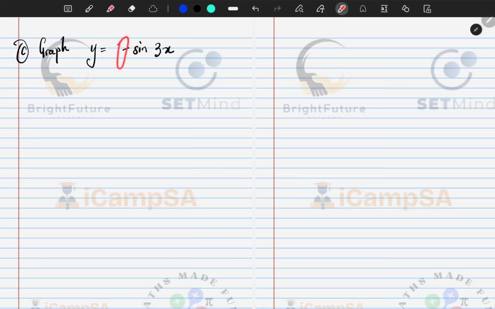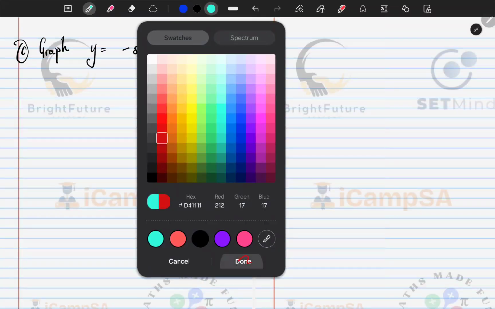So what does this negative mean? You have y equals negative sine 3x. This negative sign here is quite important.